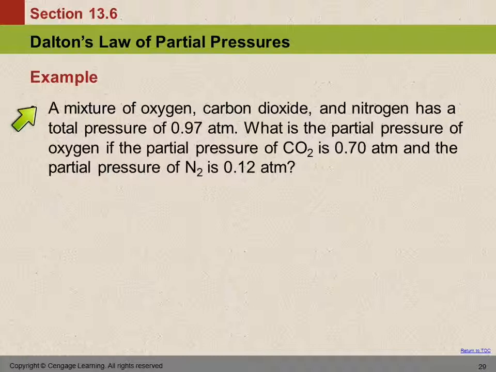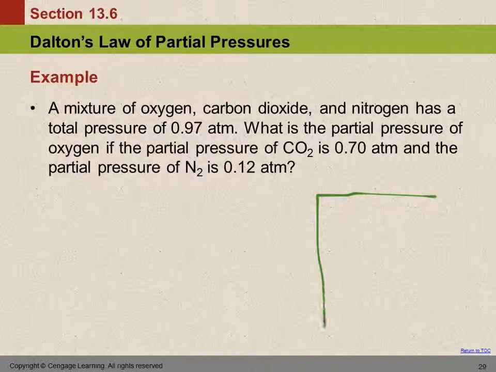So let's look at this example. This is saying we have a mixture of oxygen, carbon dioxide, and nitrogen gas, and the total pressure is 0.97 atmospheres. What's the partial pressure of the oxygen if the partial pressure of the carbon dioxide is this much and the nitrogen is that other number? Well, let's draw a picture, because sometimes it helps to draw a picture of these things.